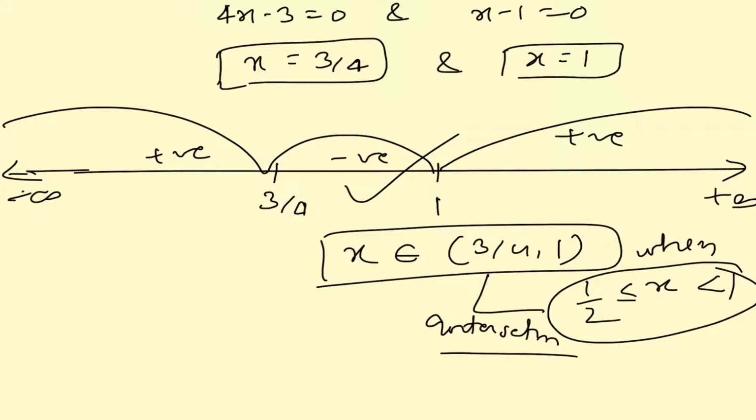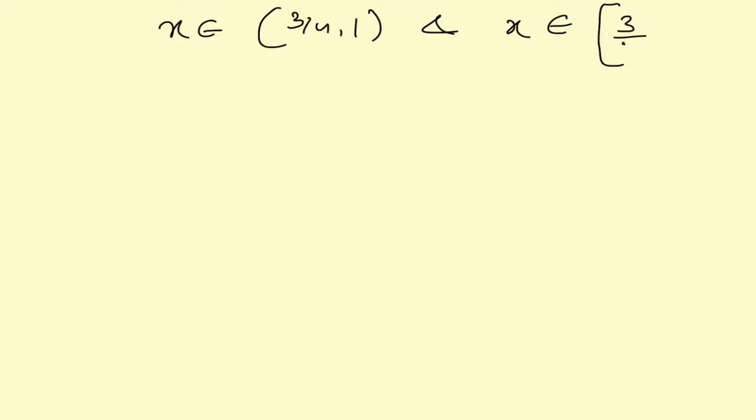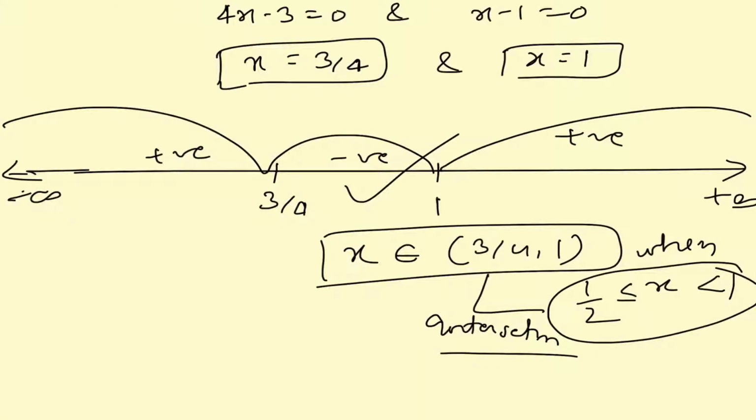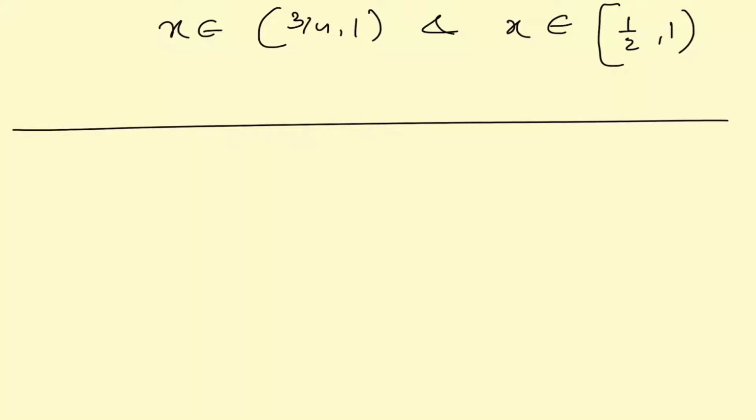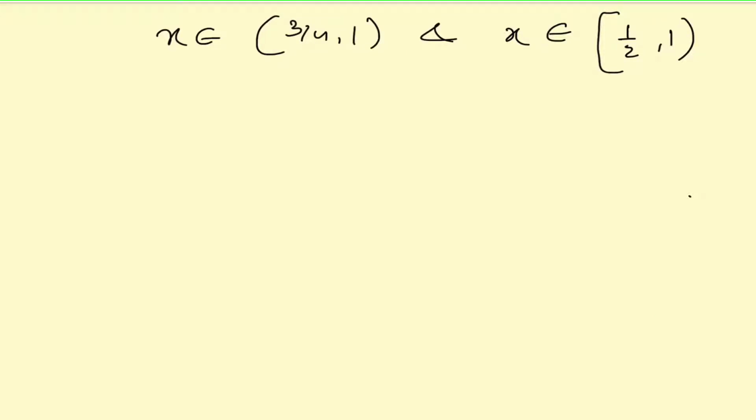Intersection of these two: x belongs to 3 by 4 to 1, and x belongs to the closed interval 1 by 2 to 1. So we are going to take the intersection here. The answer is x belongs to 3 by 4 to 1, but x should be between 1 by 2 to 1.